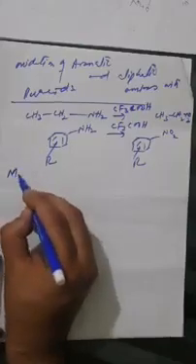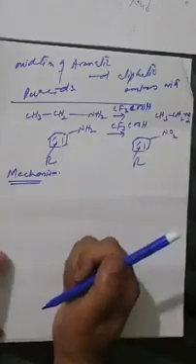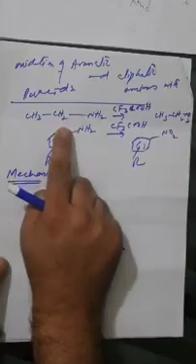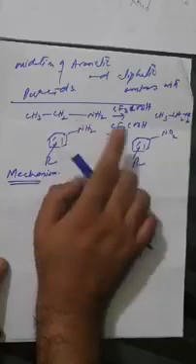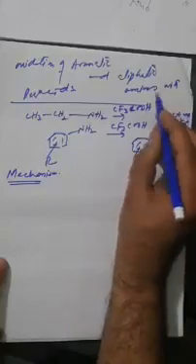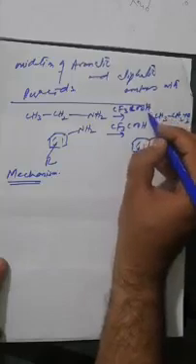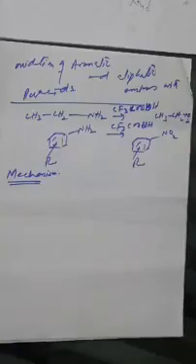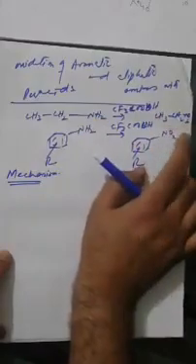Now what is the mechanism for this transformation? You will have to remember that whenever aliphatic primary amines or aromatic amines react with trifluoroperacetic acid, we have to add one more oxygen. The amino group changes into nitro group.